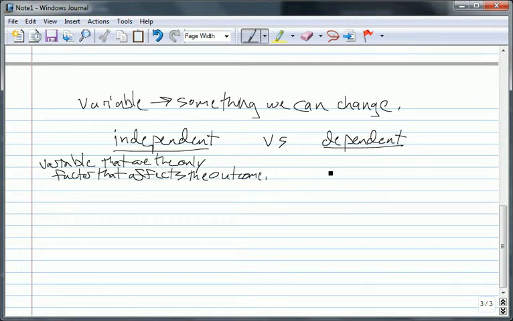Dependent variables, on the other hand, are the variable that is affected by changing the independent variable.